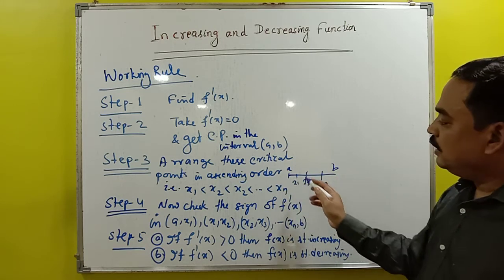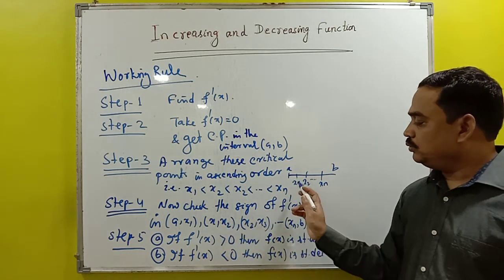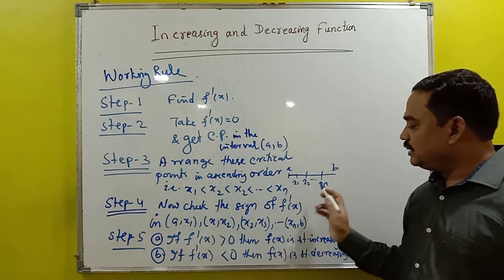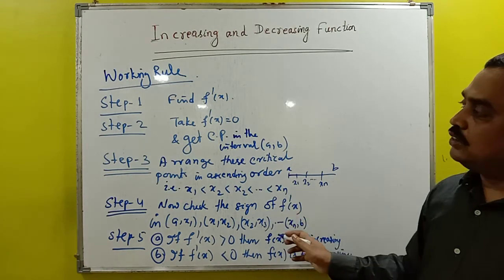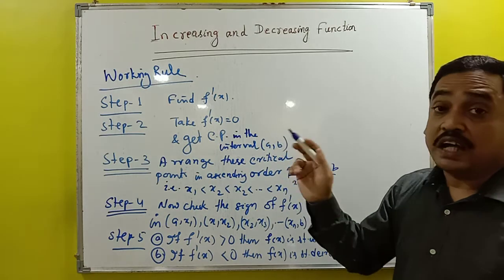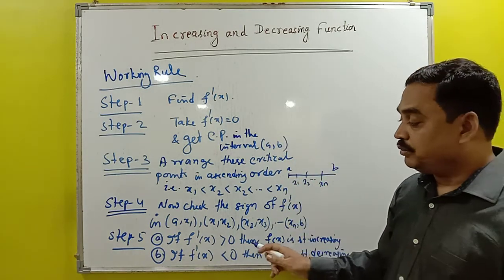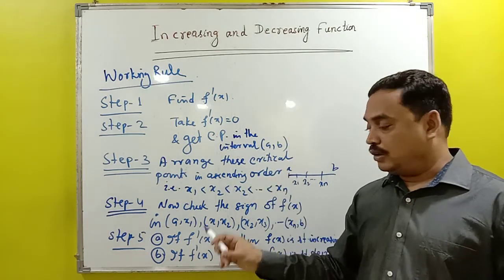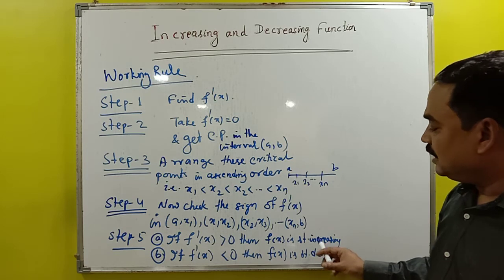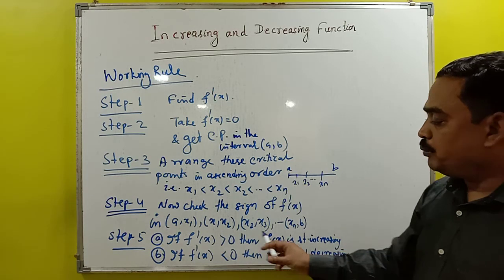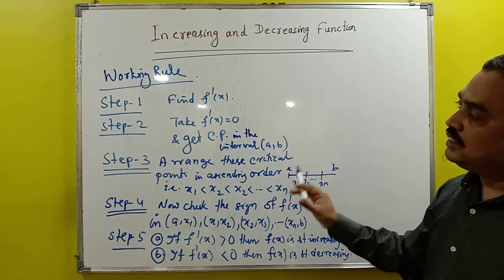Now divide this interval into sub-intervals a to x1, x1 to x2, x2 to x3, likewise xn to b, and in each interval check the sign of f dash x, whether it is positive or negative, to satisfy the theorem. If f dash x is greater than 0, then f of x is strictly increasing, and if f dash x is less than 0, then f of x is strictly decreasing. This is your working rule.